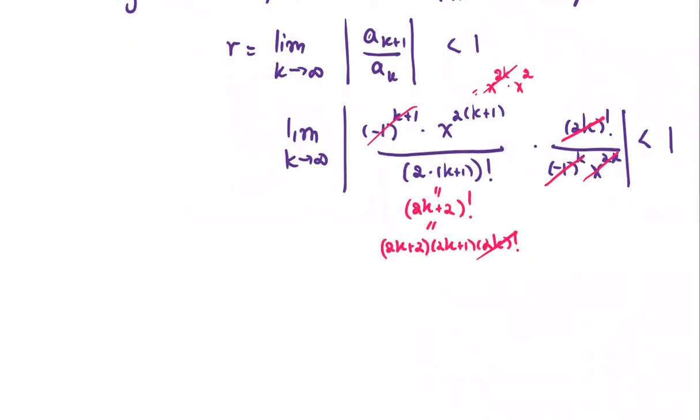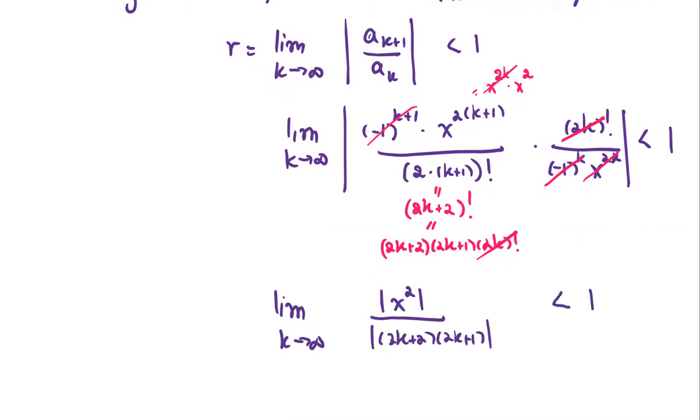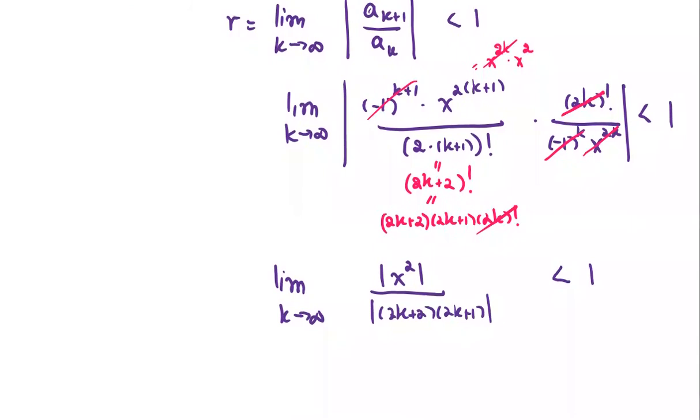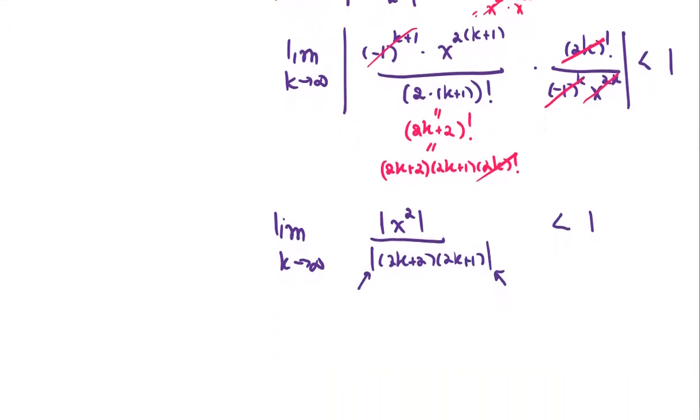Now we have the limit as k approaches infinity of the absolute value of x squared in the numerator divided by the absolute value of the quantity 2k plus 2 multiplied by 2k plus 1, less than 1. Since the series starts from k equals 0, we can ignore the absolute value of the denominator.